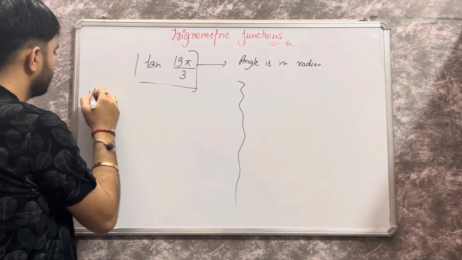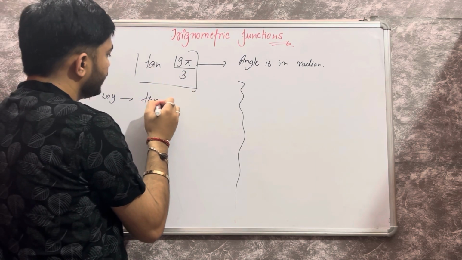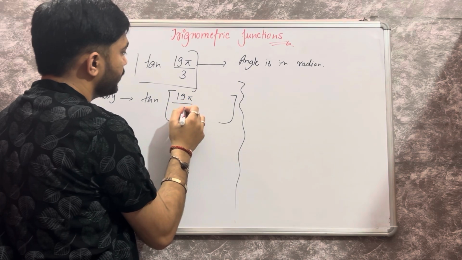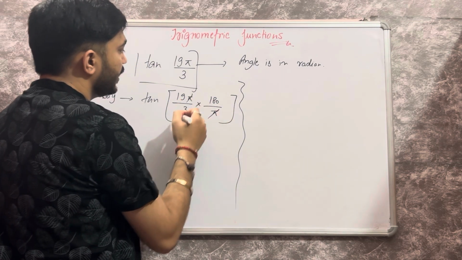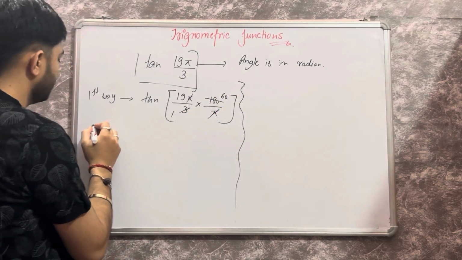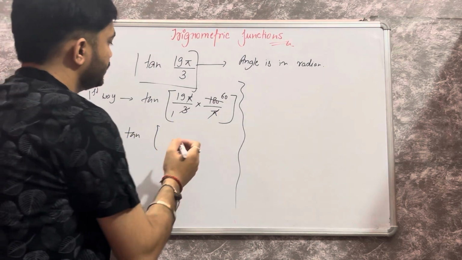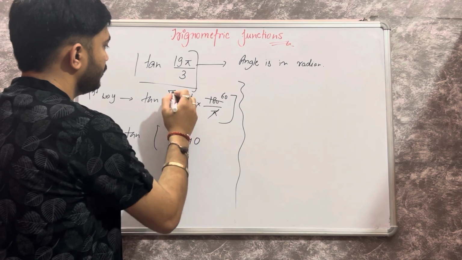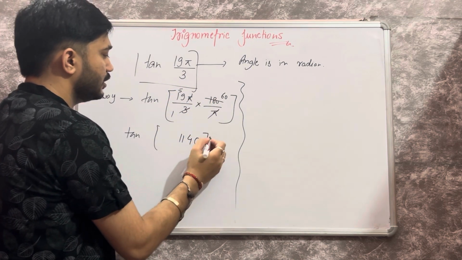First way is to convert that angle into degrees, that is 19 pi by 3 multiplied by 180 divided by pi. Pi and pi cancel, 3 into 180 is 60, so 19 into 60 is 1140 degrees.